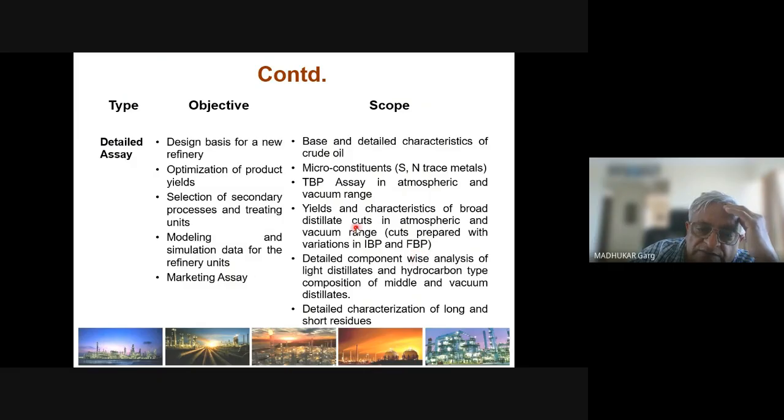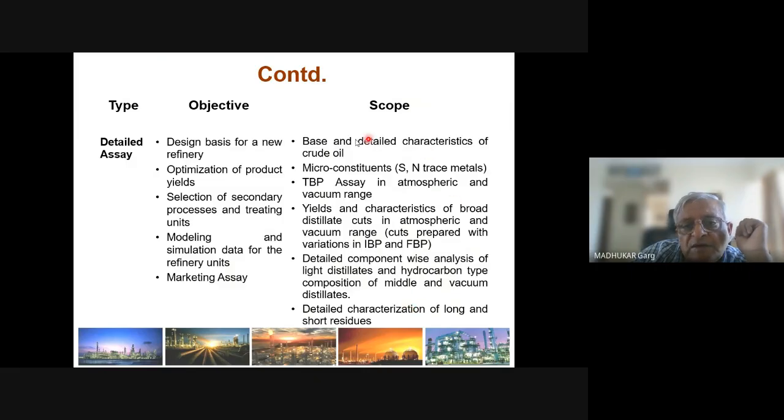Each of these cuts is subjected to detailed component-wise analysis to the extent possible, both the light and the hydrocarbon portion. So each and every cut is reported in full detail, and to the extent possible, there is detailed characterization of long and short residue. So you have the complete fingerprinting of this crude oil. And I'll show you typical data in the next slide.